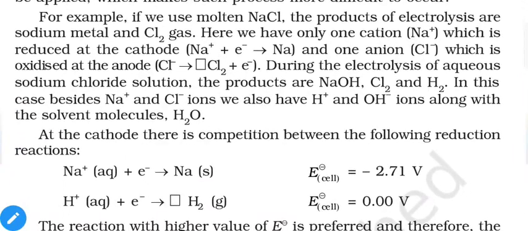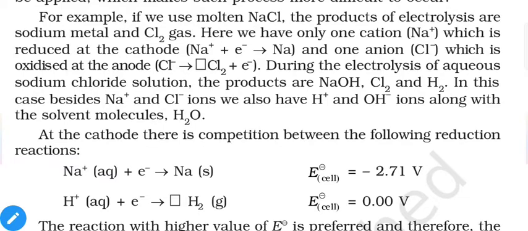The first example is molten NaCl. Keep in mind, molten NaCl means we have solid sodium chloride and we are just melting it. So nothing else is present in it, only Na plus and Cl minus ions. The products of electrolysis are sodium metal and Cl2 gas, where we have only one cation and one anion.